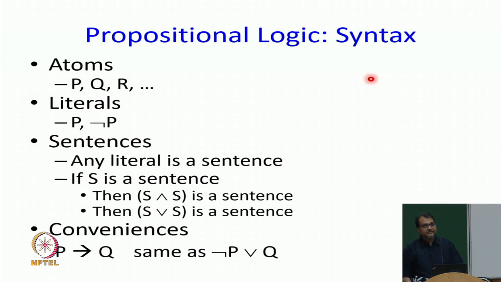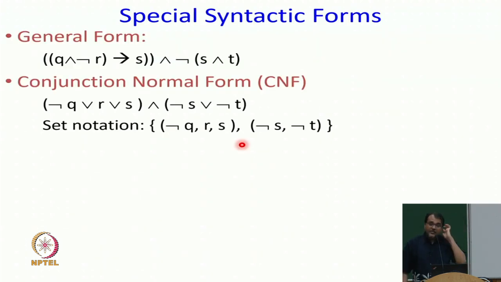Okay. Now I have defined the syntax, but as in graphs we have special graphs, trees, in logic we have special syntactic forms. So we have a general form like this, Q and not R implies S, and not of whatever, but then there are specific kinds of forms.